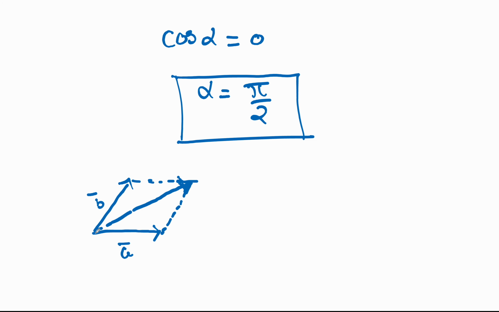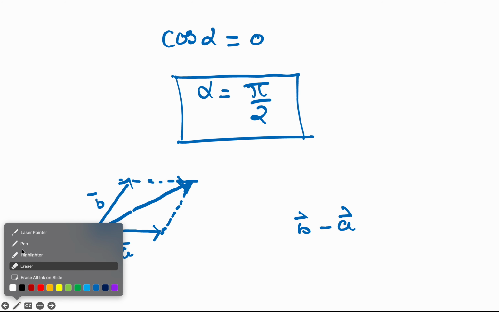Okay, and if we, let's say, perform b bar minus a bar, so in that case it will be... okay. This drawing is not exactly clear, but we'll see.